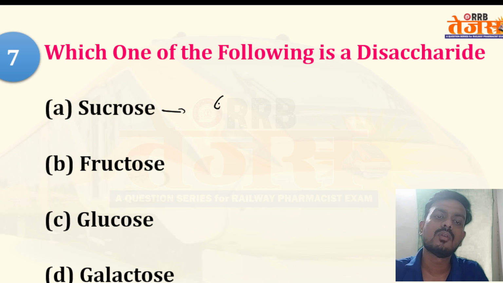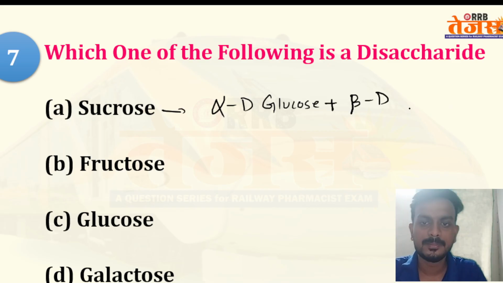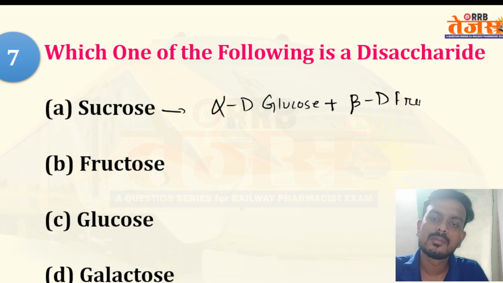Sucrose consists of alpha D glucose plus beta D fructose.